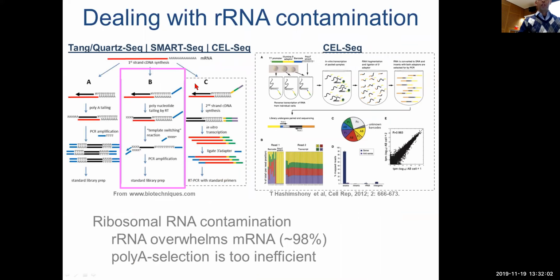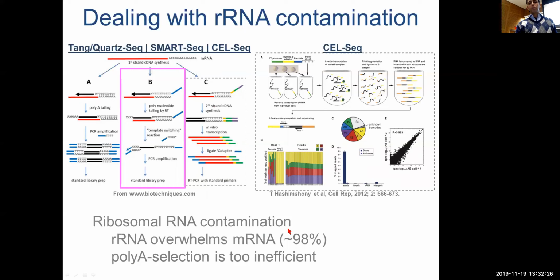So one of the major challenges is ribosomal RNA contamination. Basically, as you know, the rRNA machinery that has to translate every transcript into a protein has to have many, many copies. And as you're doing single cell profiling, the ribosomal RNA reads can be quite overwhelming.